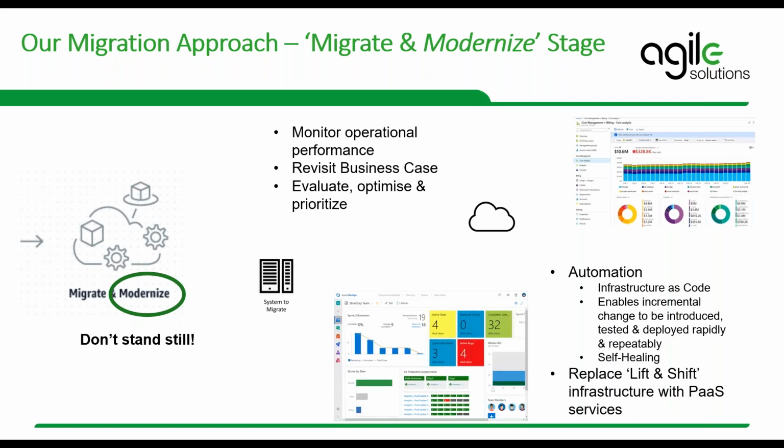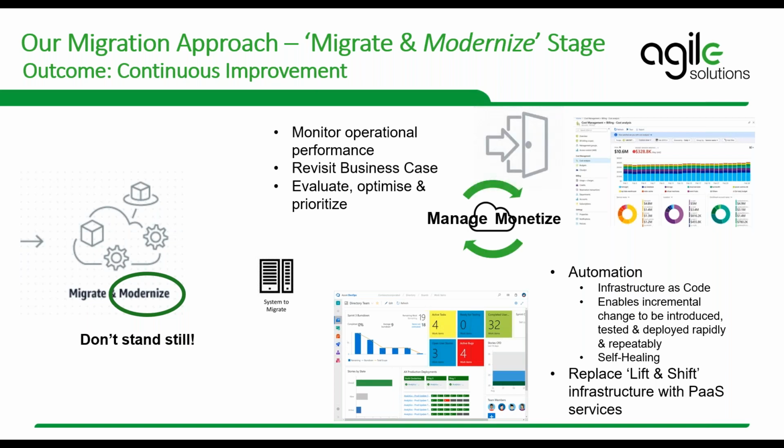And again, automation not only gives us benefits for the workload as it stands at the moment, but also gives us the ability to move that workload forward in modernization through a repeatable set of deployment and automated test tasks. And if we've done a lift and shift to start with, then we can start moving that forward into a more modern cloud-enabled solution. So the outcome of this is continuous improvement.